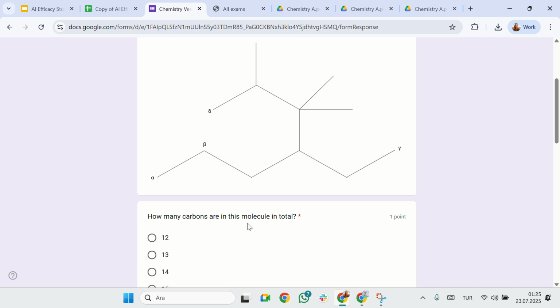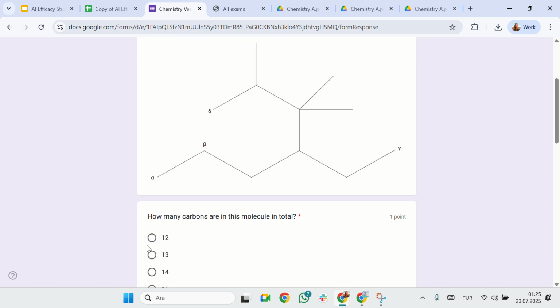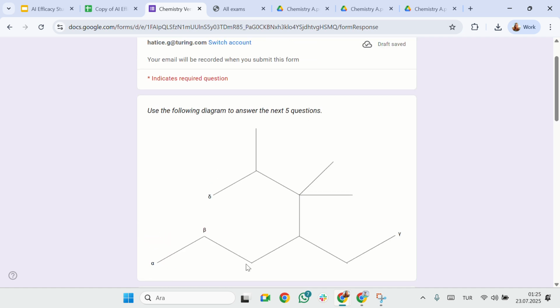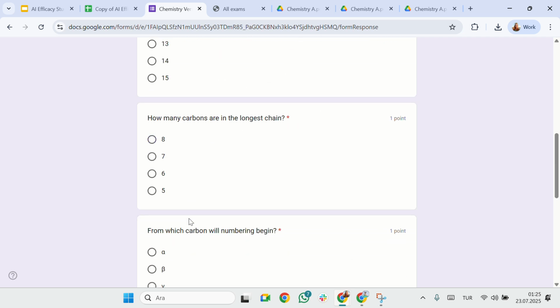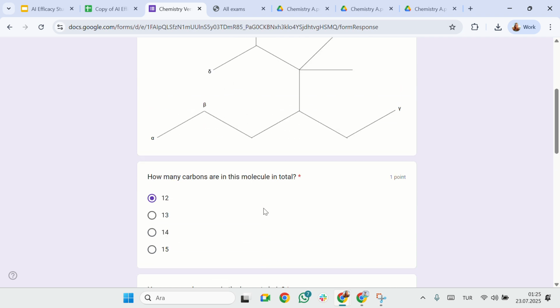How many carbons are in this molecule in total? Okay. 2, 3, 4, 5, 6, 7, 8, 9, 10, 11, 12. Yeah, 12, I think. How many carbons are in the longest chain?